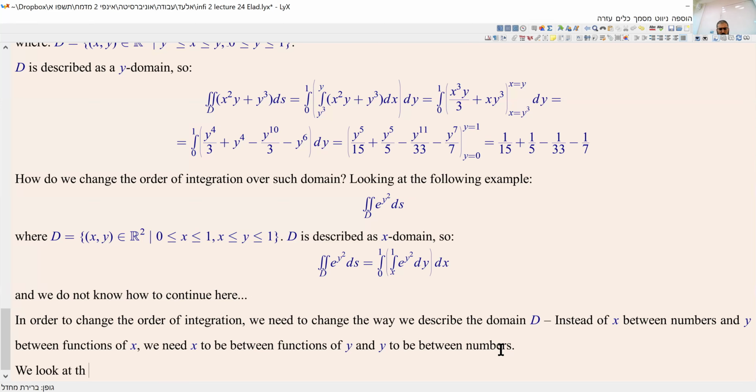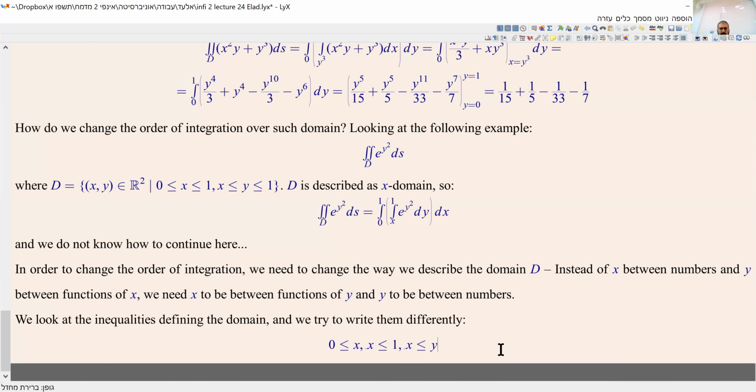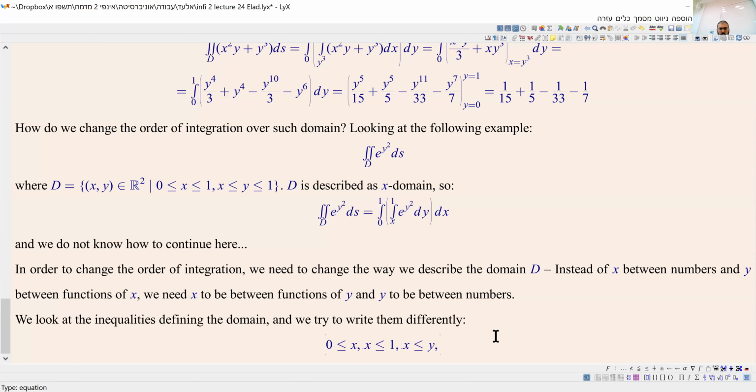We look at the inequalities defining the domain, and we try to write them differently in a way that helps us. So here we have x is greater than 0, x is smaller than 1, x is greater than y, and y is smaller than 1.